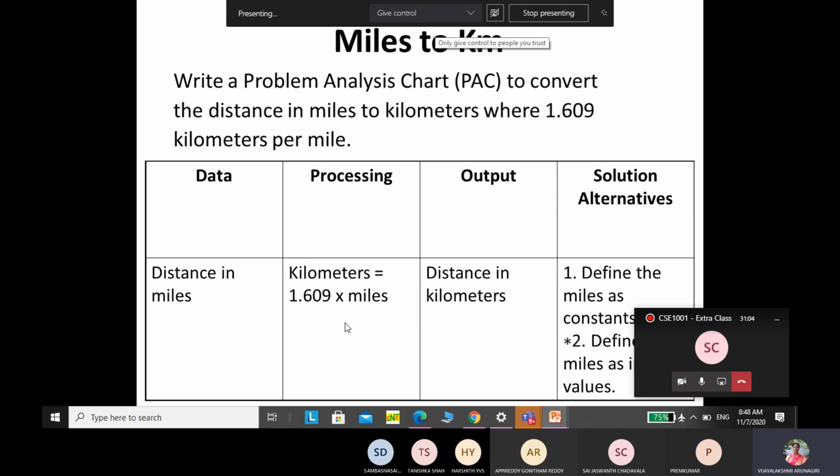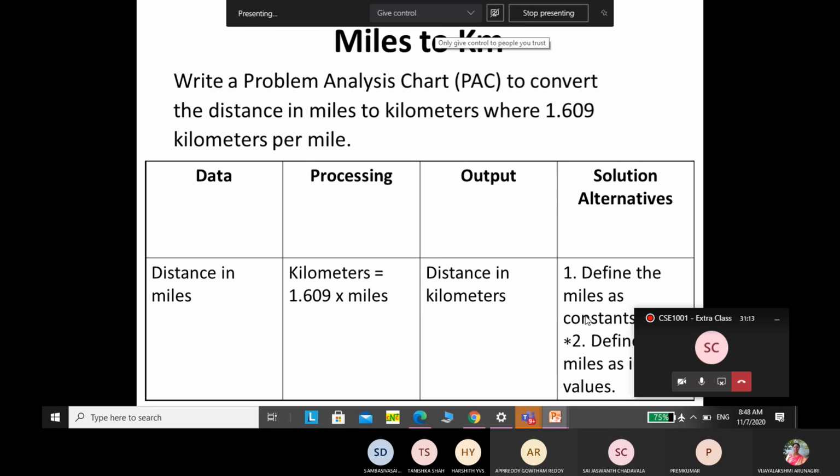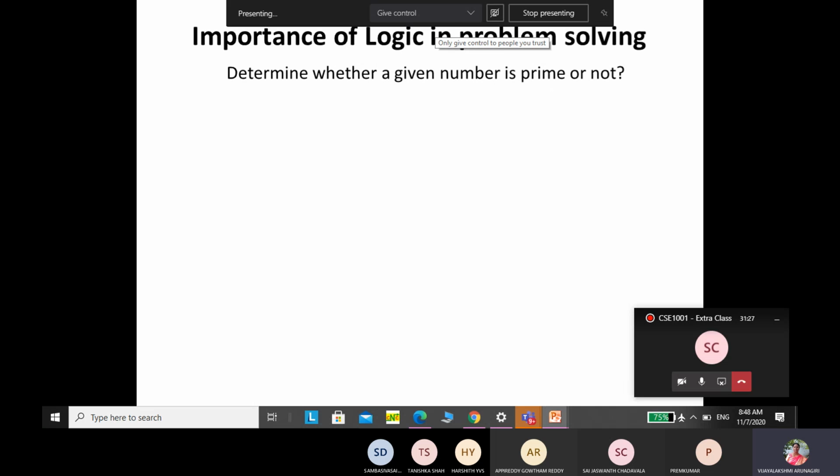We can give the miles as a constant, or we can define the miles in terms of some input values. Here the alternative solution is not that important, because we don't have any alternative solution to solve this problem, right?